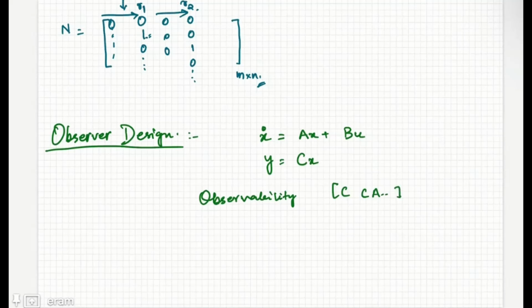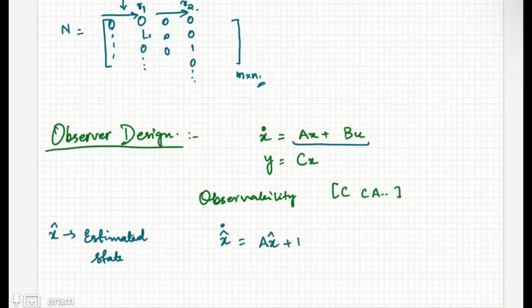And then if the system is observable, then we can design our observer, which is written as the estimated state x hat. So x hat means the estimated state, and x hat is written as the copy of the system, which is A x hat plus Bu.